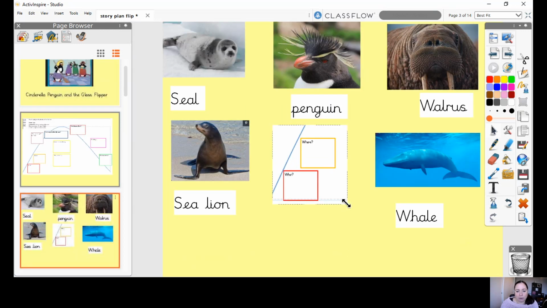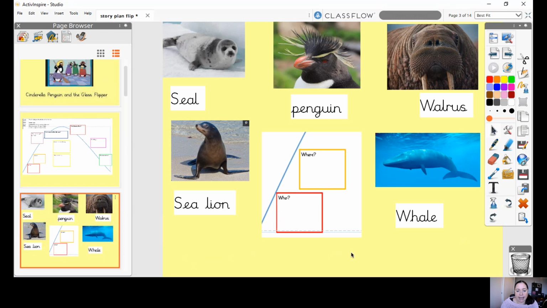So first of all, the box that we come to is the where and the who. So we're going to be thinking about animals from the Arctic or from the Antarctic. Here we've got a seal, he's very cute. We've got a penguin here. I had to put my favourite type of penguin. This is a rock hopper penguin, and I just love his hair. Then we've got this very beautiful walrus.